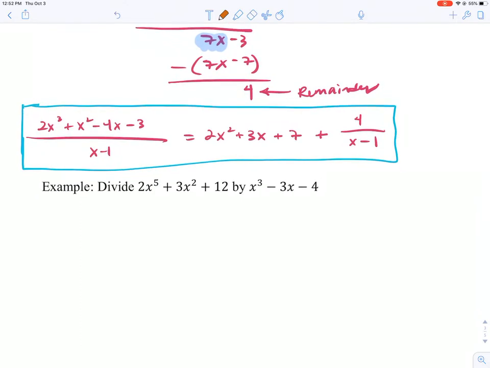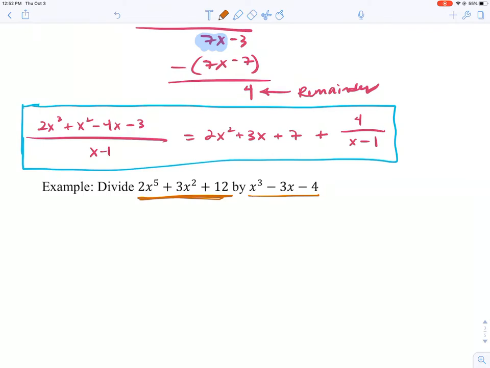Okay. So now we're going to divide this quintic by this cubic. Notice that there are terms missing in each of these polynomials. Like the quintic, it does not have an x to the fourth term, x cubed, or an x. And then the cubic is missing an x squared term.